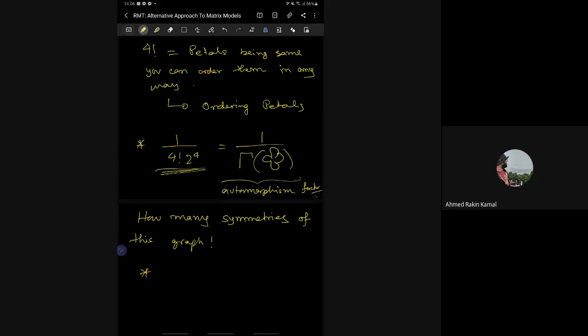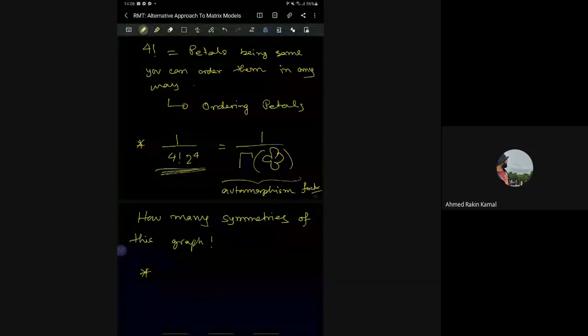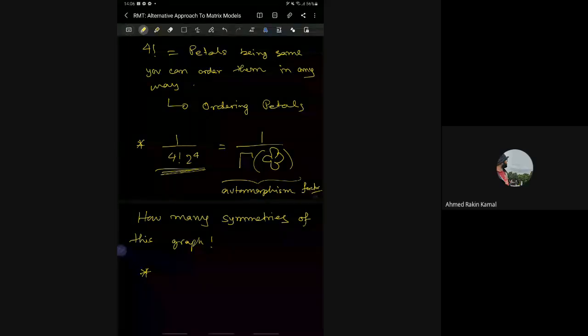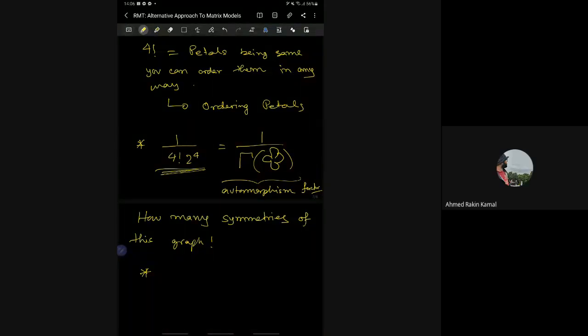The automorphism factor or the symmetry factor is the set of operations that leave your graph invariant. And surprisingly, you are generating these numbers just by considering indistinguishable particles. So that's the interesting thing to notice.